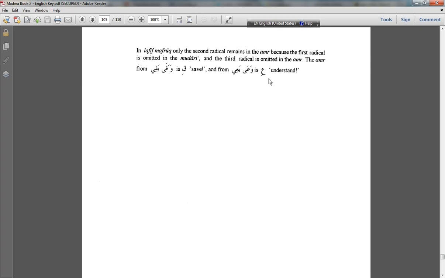And wa'a ya'i, the amr from that is going to be i. The conjugation of the amr is going to be qi, qiya, qu, qi, qiya, qina. It's second person amr, and when we go into the more advanced lessons, inshallah, we will learn this in more detail.